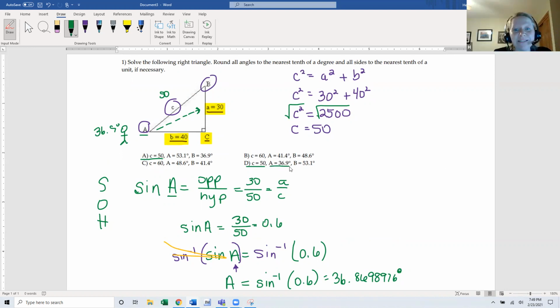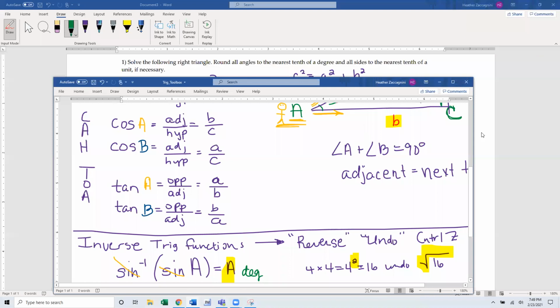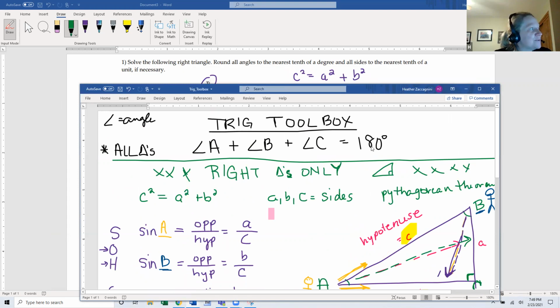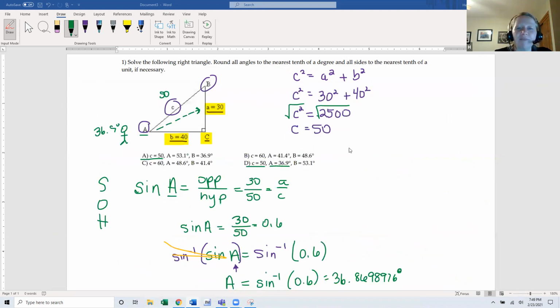So we see that this is probably the answer, but let's prove it to ourselves. How could we easily find angle B? What's the fastest, easiest way to find the third angle? Subtract 36.9 from 90. Yes, we're going to use this rule that all 3 angles added together equals 180. That's the fastest way. If you know 2 angles, finding the third one is really easy.